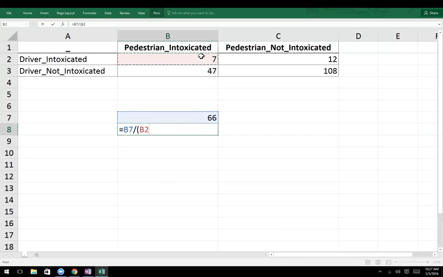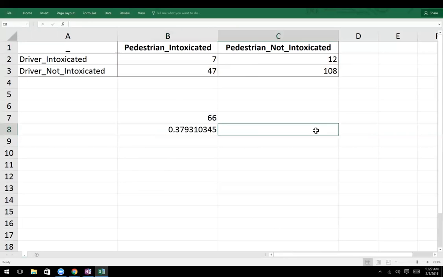That one plus, okay, 29. When there's only 4 numbers, it's always like, well, would it be faster to just actually add them, or do I want to take the time to type the word sum? So that's the probability that at least one person in the accident was intoxicated.